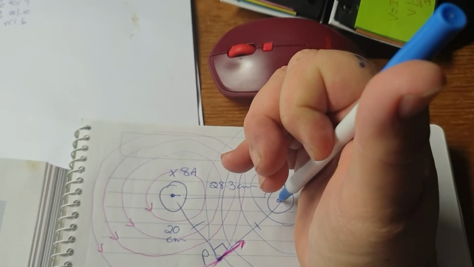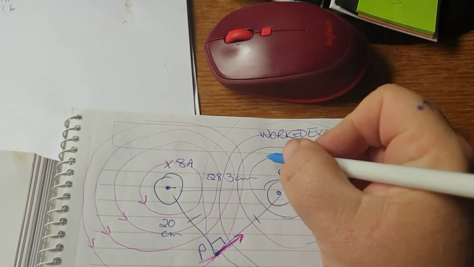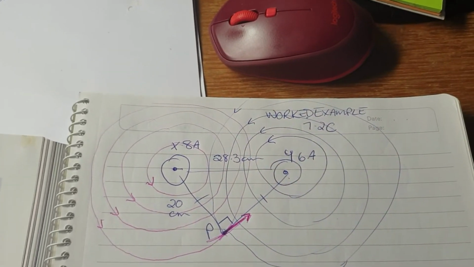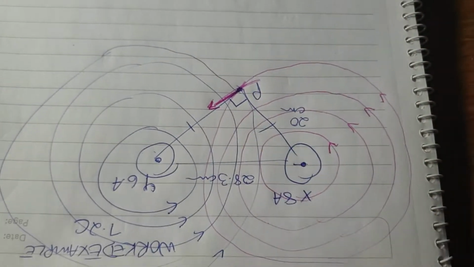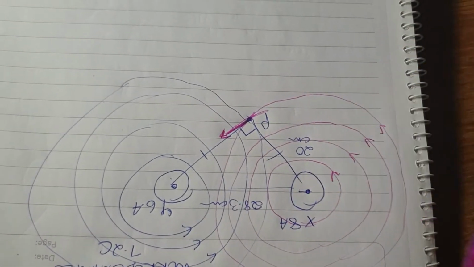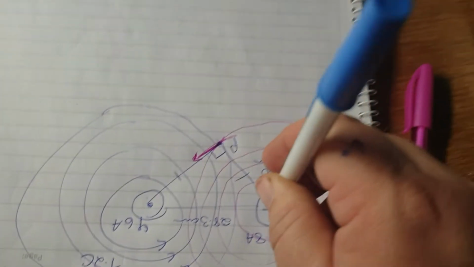I can do the same thing over here with this other one, and its magnetic field is going this way. I'm just going to turn the book upside down because it's a little bit easier for a minute. I'll use the same pen, to be consistent.